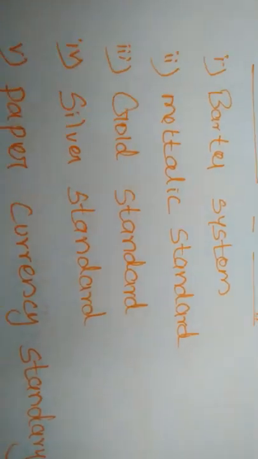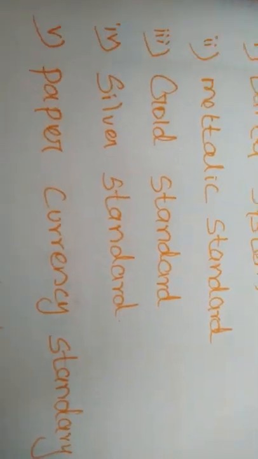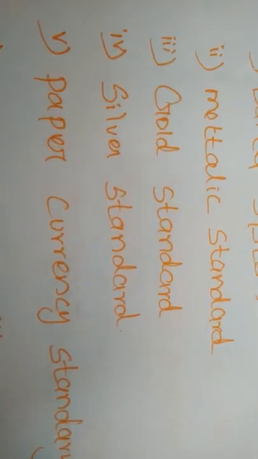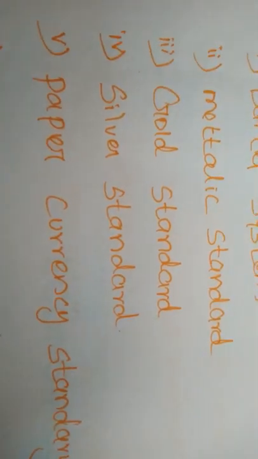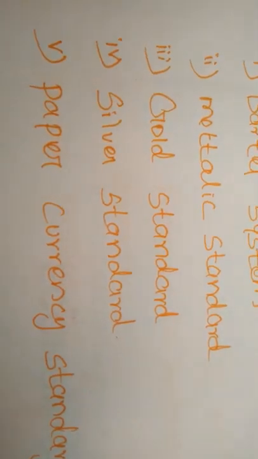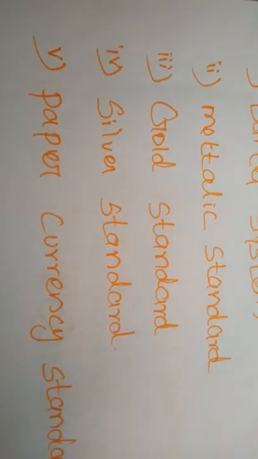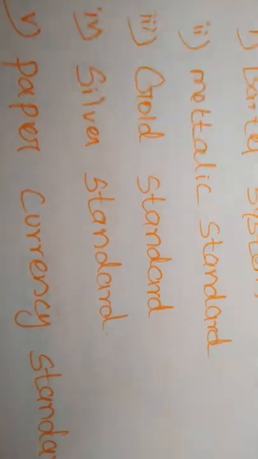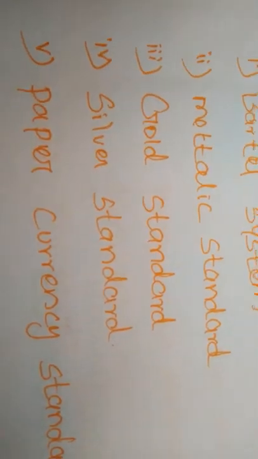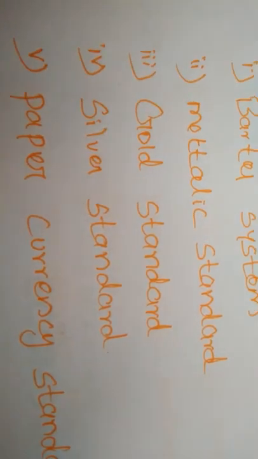Any gold or silver coin was used as a measure of value. Even if you wanted to purchase a commodity, you would give some amount of gold. The gold has a common value, maybe 1 gram or 2 grams, and some amount of gold worth was used to exchange goods.